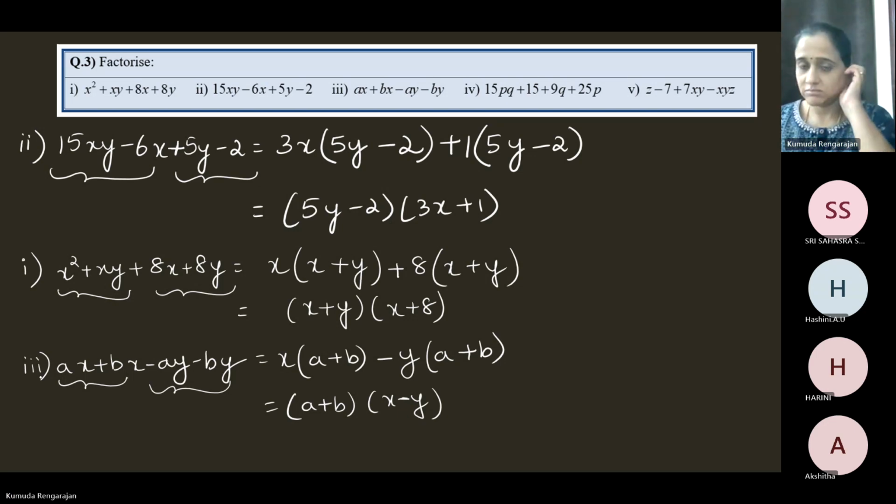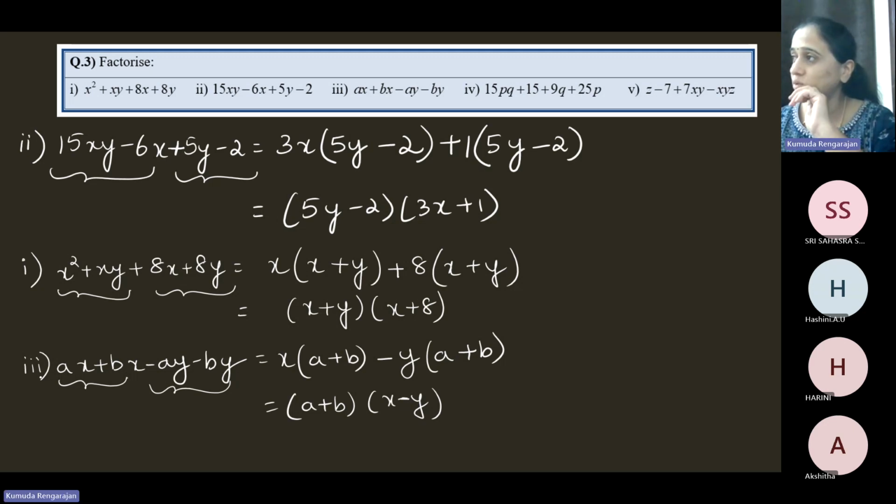Finished? 15 and 20, the common factor is 5. So which one?